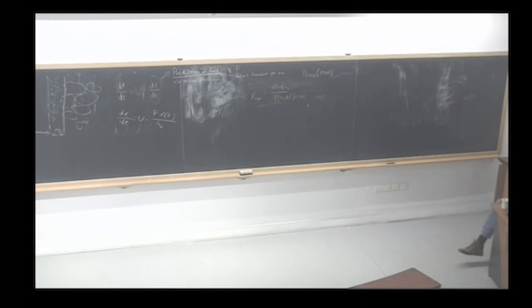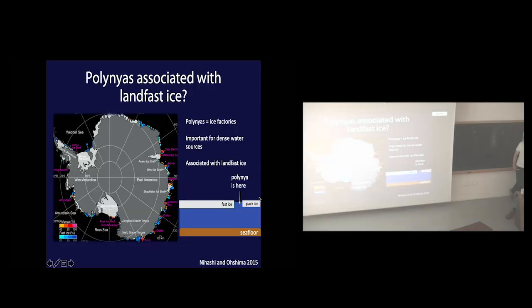unless there's one or two slides that you would like to show, I think. Yeah, I just wanted to add one thing regarding Polynias, something that connects to real situations.